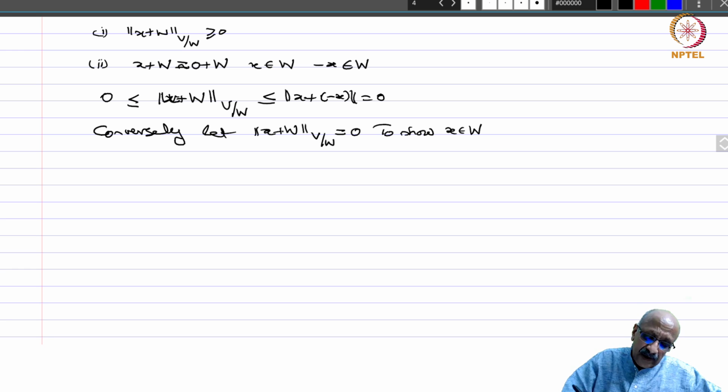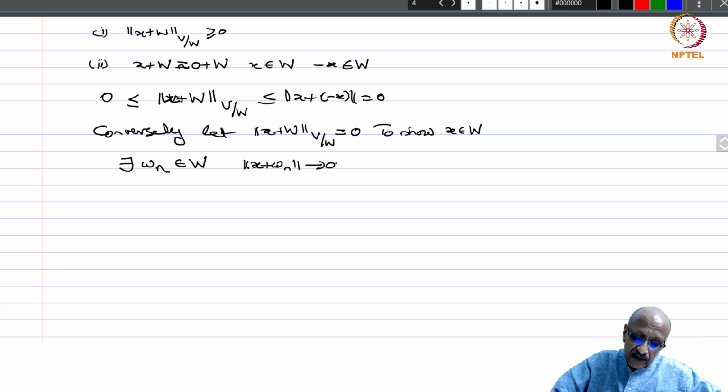So what does the definition say? The definition is the infimum of something, and therefore if this is 0, this means there exist w_n in W such that the norm of x plus w_n converges to 0, because the infimum is 0. So this means that w_n converges to minus x.